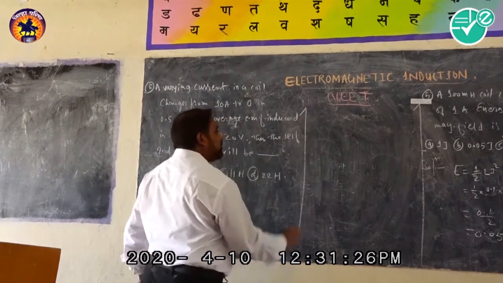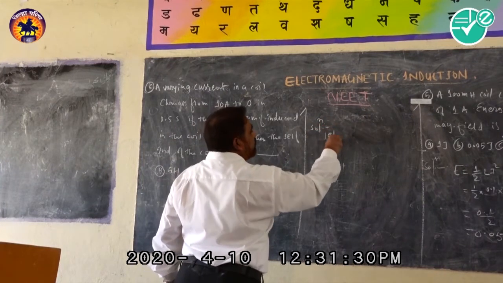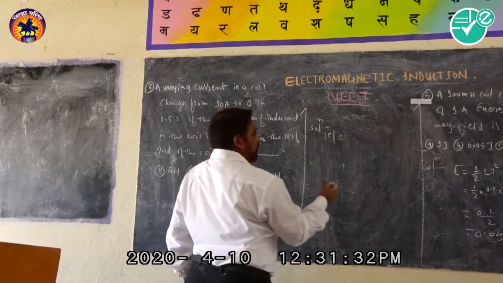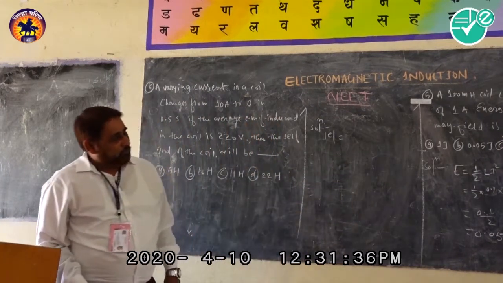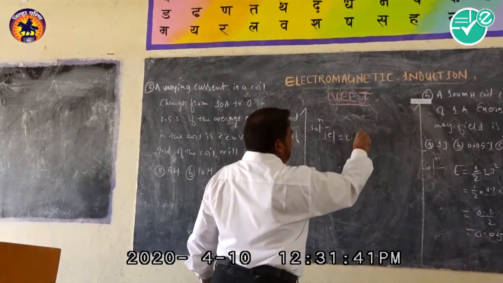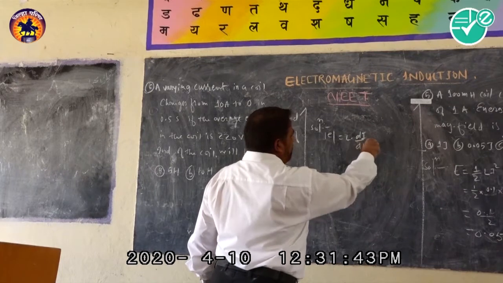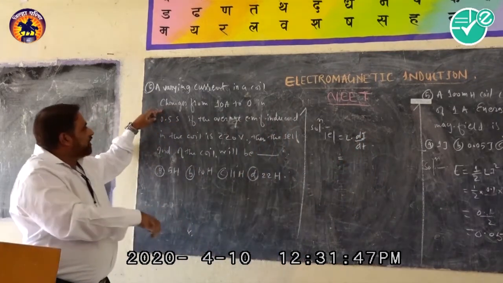The solution to this problem is like this. The absolute value of E is L into di by dt. So from this we can get the values.